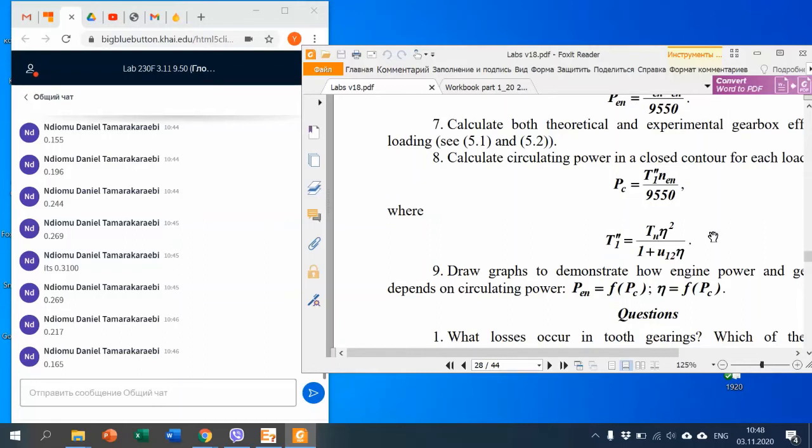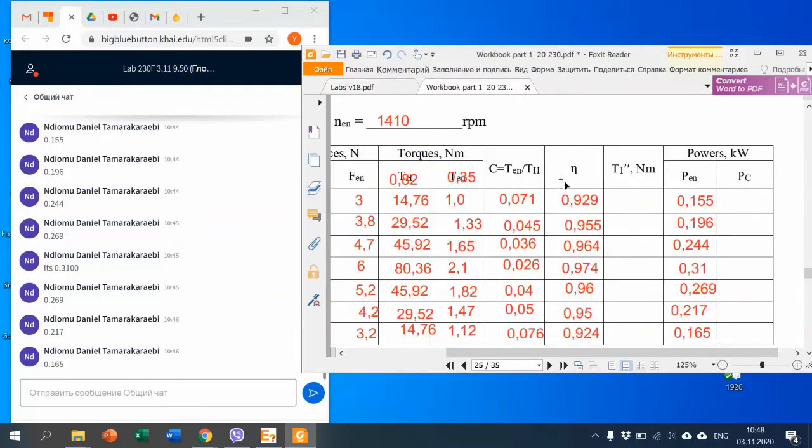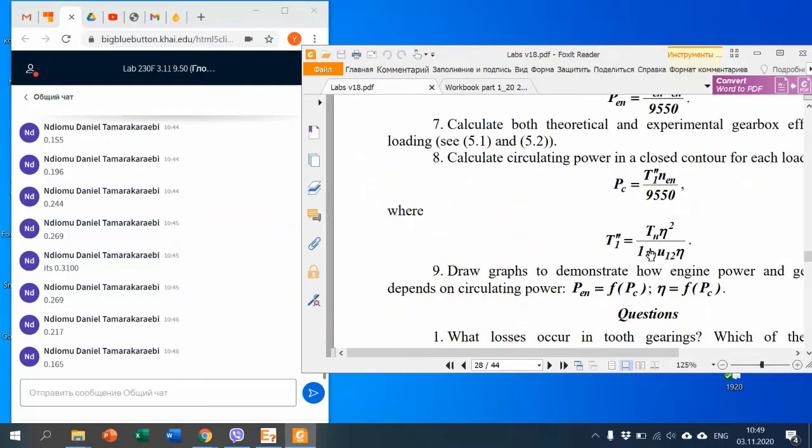What is U12? U12 efficiency, 1 plus U12 efficiency. The efficiency you have, we calculated this efficiency. Yes, U12. So you should take engine load torque times efficiency squared divided by 1 plus efficiency.